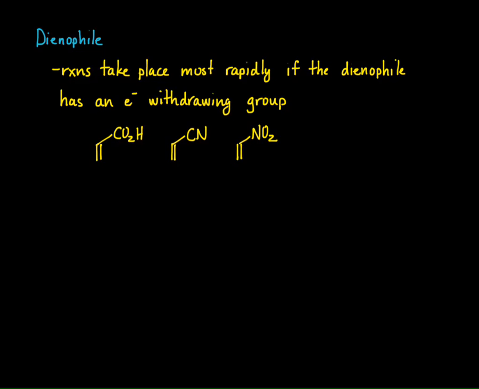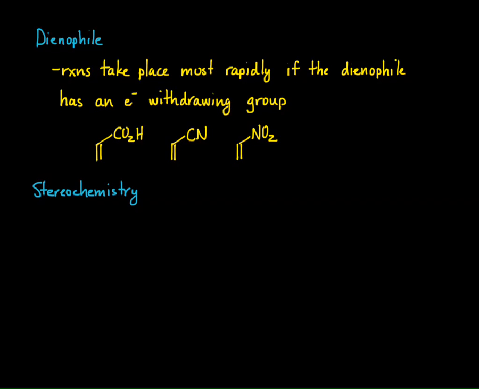If you draw out the Lewis structure, remember the nitrogen has a formal positive charge on it, and therefore it is a strong electron withdrawing group. Because of these features, remember the dienophile is an electrophile. It's that pi bond that is electrophilic, accepting electrons. The way that we make it a better electrophile is by putting on groups that withdraw that electron density.